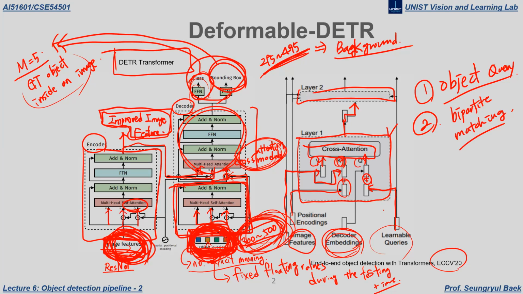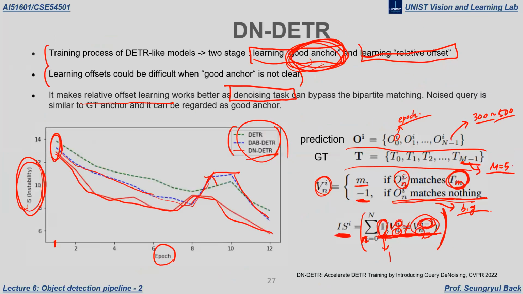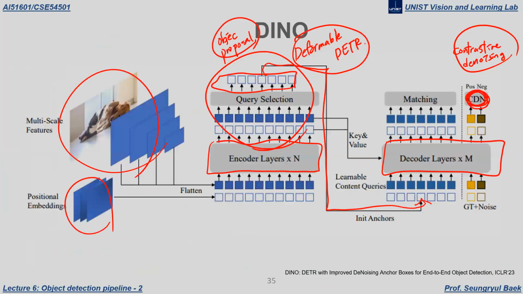So the DN denoising mechanism was proposed to solve the second, and also to give some spatial meaning to the object query, some object query estimation or spatial query generation were proposed. That's what we reviewed in this lecture.